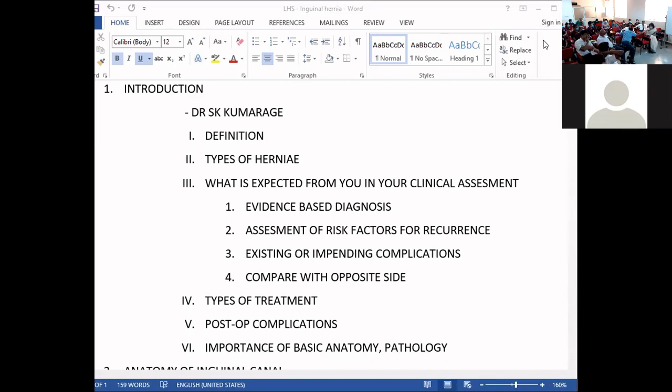This highlights the importance of basic anatomy and at least pathology today, in understanding, recognizing complications as well as treating. All the treatment is behind pathology. The principles of treatment are based on the pathology of tissue repair.